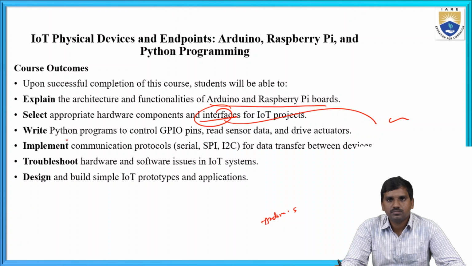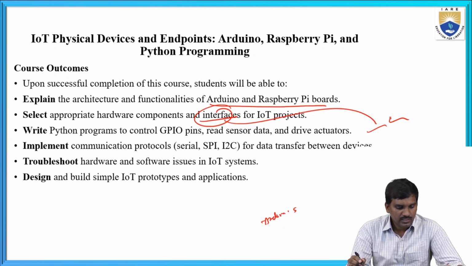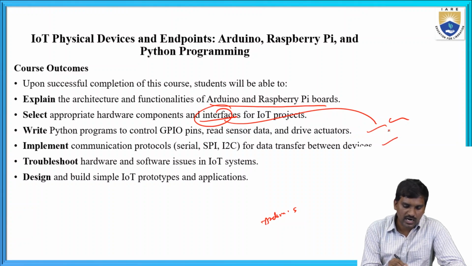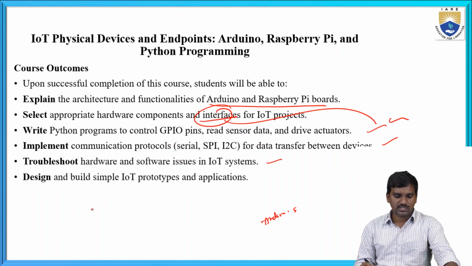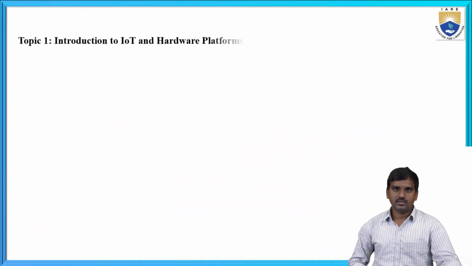Write Python programs to control general purpose input output pins, read sensor data, and drive device actuators. And implement communication protocols for data transfer between devices. And troubleshoot hardware and software issues in an IoT system, and design and build communication protocols. So these are some course outcomes I will explain.